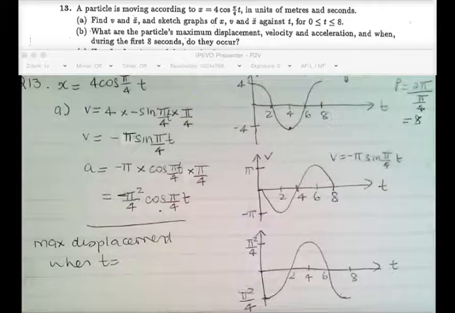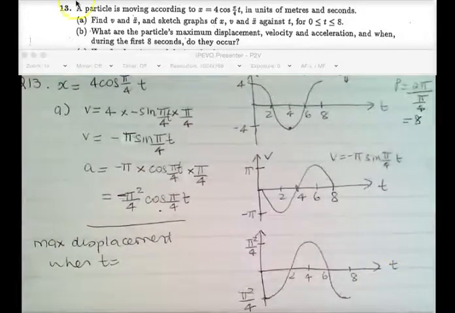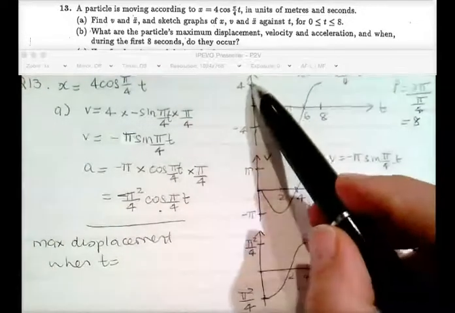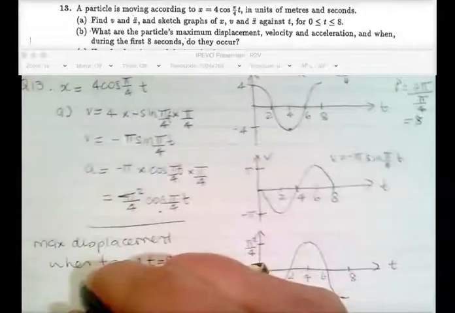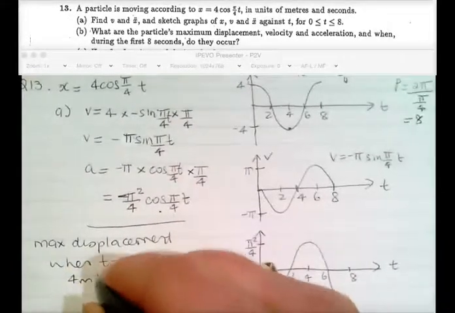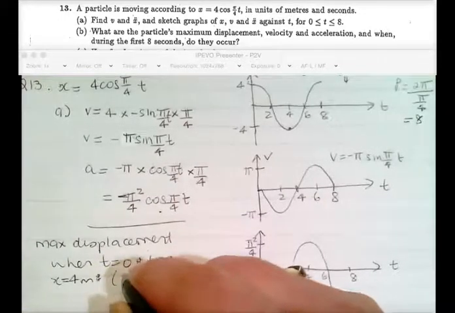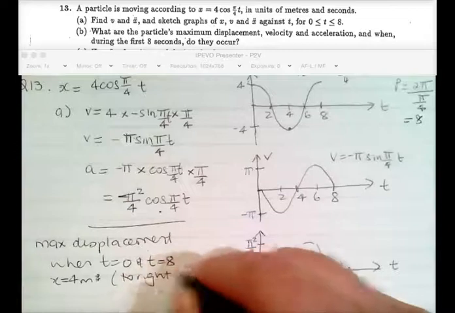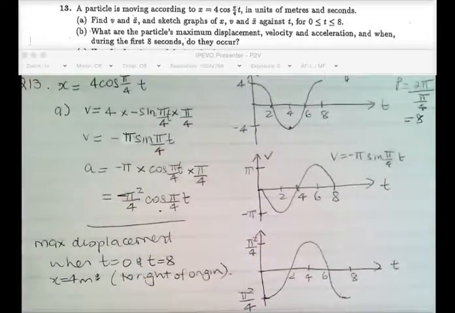So actually that's maximum distance from the origin. This is maximum displacement because it's +4. So the maximum displacement is when t equals 0 and t equals 8, and it's 4 meters. And it's to the right of the origin, or wherever it's starting from, okay?